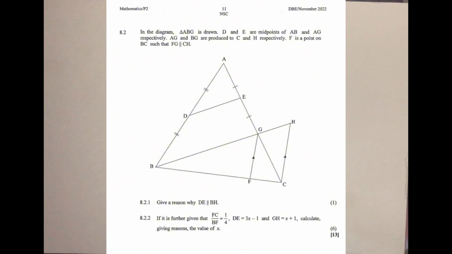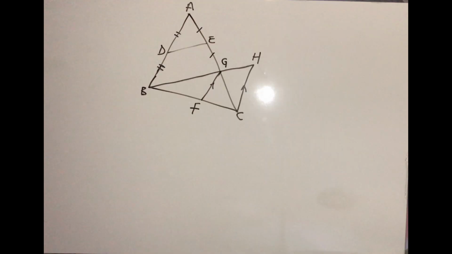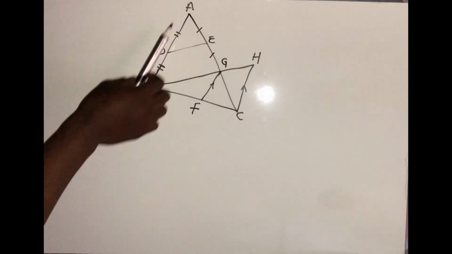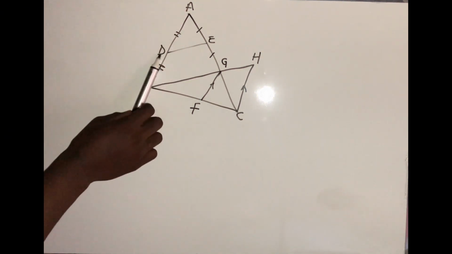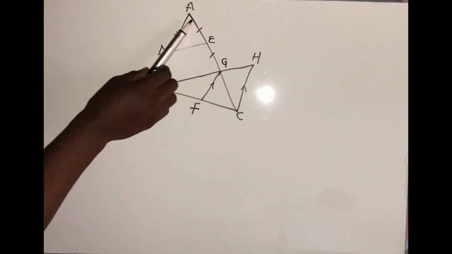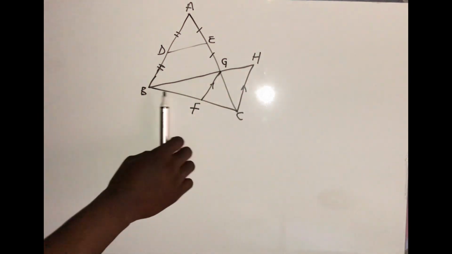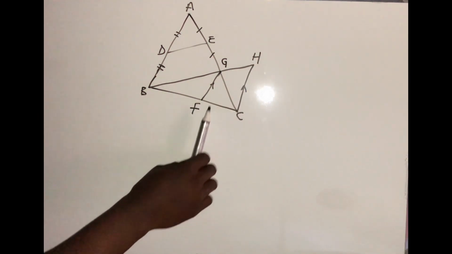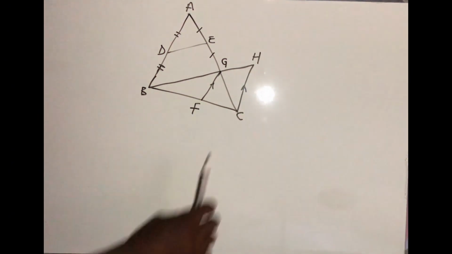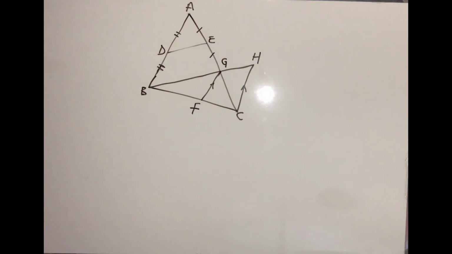You can see FG is parallel to CH. All right, this is all that they've given us. D is a midpoint of AB, and E is a midpoint of AG, and BG and BF are produced to H and C respectively as well.